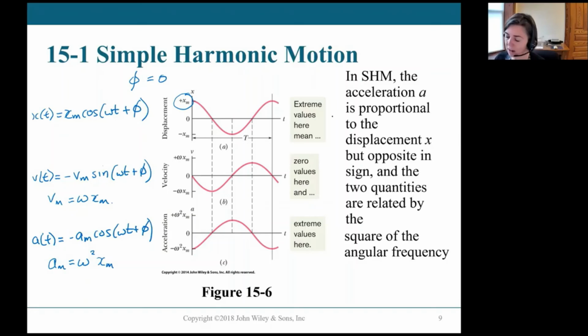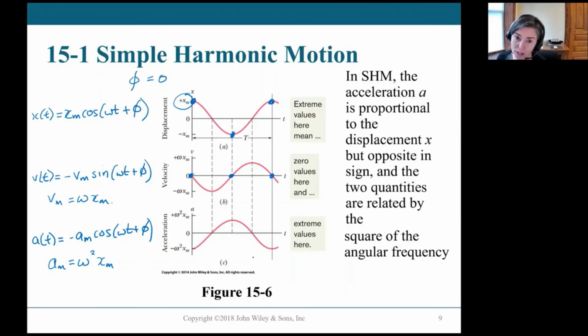So when you have extreme values in the first graph, when we're at our largest or smallest values of displacement, those correspond to zero values in the velocity. If you think about a mass on a spring, when the mass is the furthest from the equilibrium position, it's actually stopped, velocity zero. So it all makes sense.